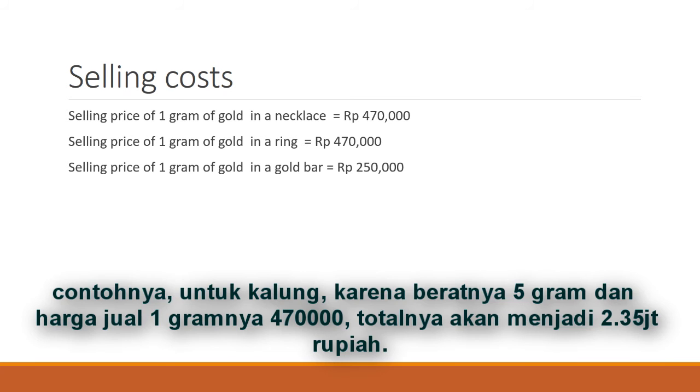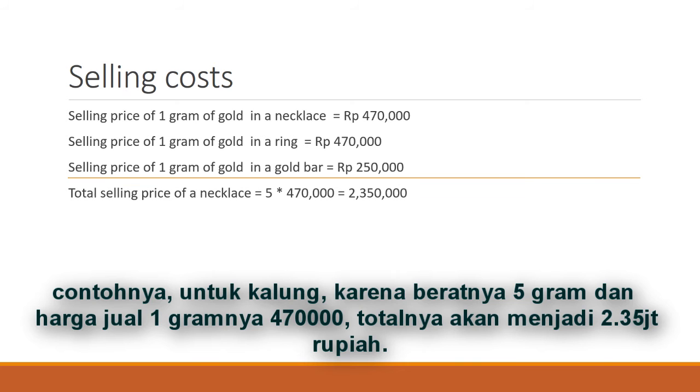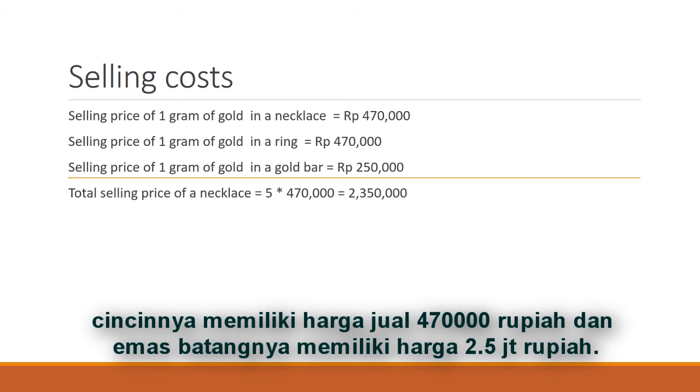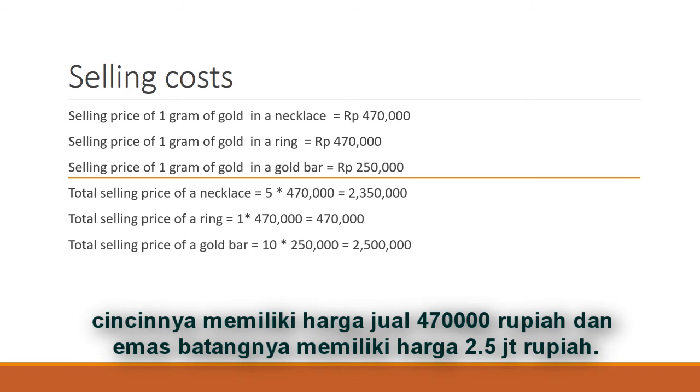For example, one necklace, as we know, weighs 5 grams. So by that logic, the total selling price of a necklace is 5 times 470,000 rupiah, which totals 2.35 million rupiah. For the ring it is 470,000 rupiah, while for the gold bar it is 2.5 million rupiah.